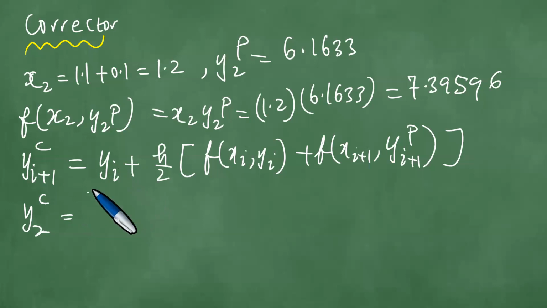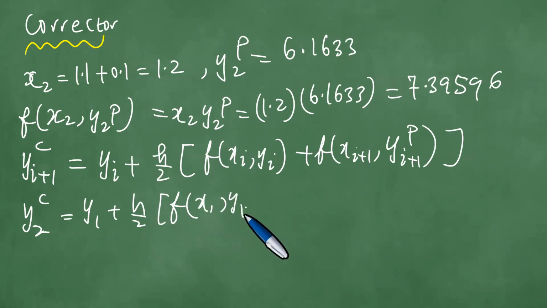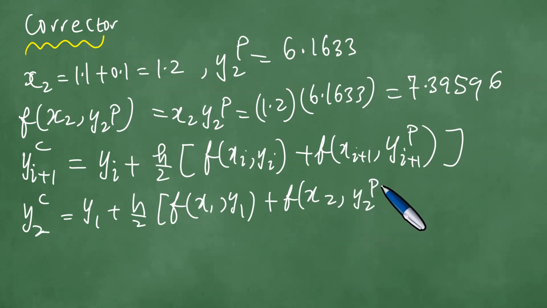Okay, y2 occurs when i is 1 here, so you have 1, and then this one, 2, 2, p. Okay, we have this.